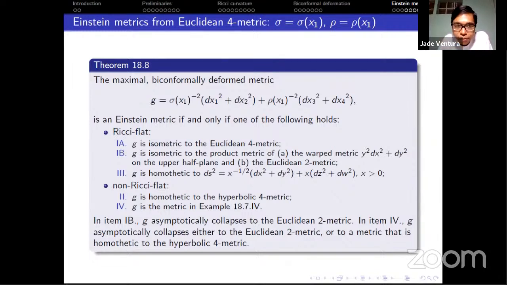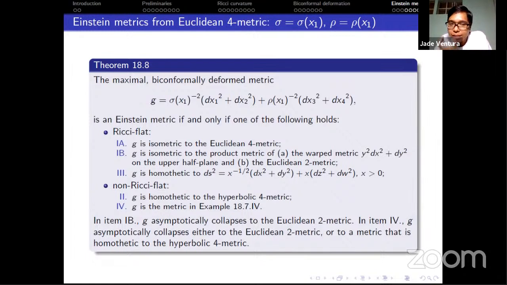So either it is Ricci-flat or it is non-Ricci-flat. For Ricci-flat, it can be 1A, isometric to the Euclidean 4 metric, the metric of R4, the usual one, or it can be 1B, isometric to the product of these metrics A and B, or it can be item 3. It can be homothetic to ds squared equals that metric written there.